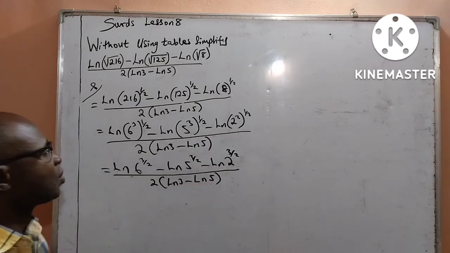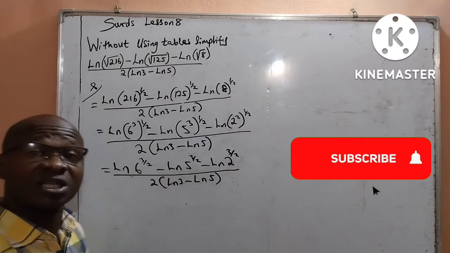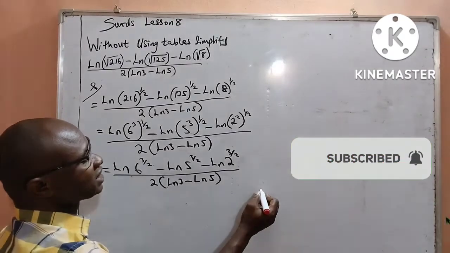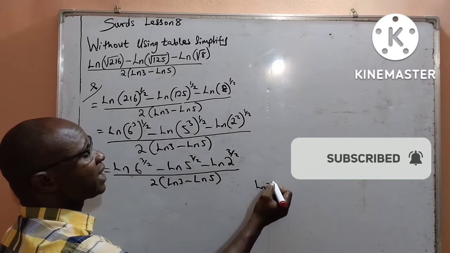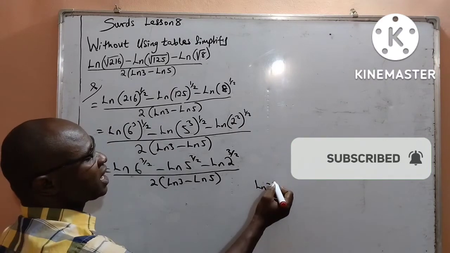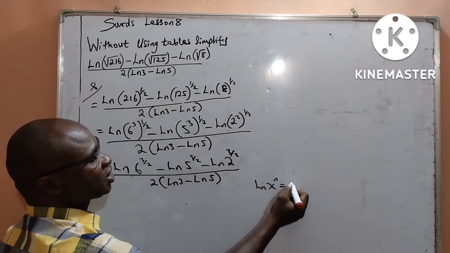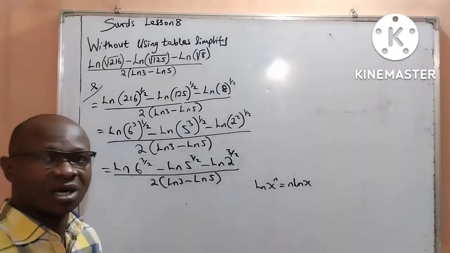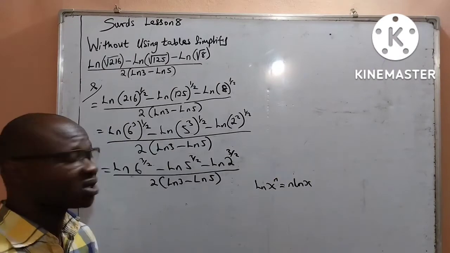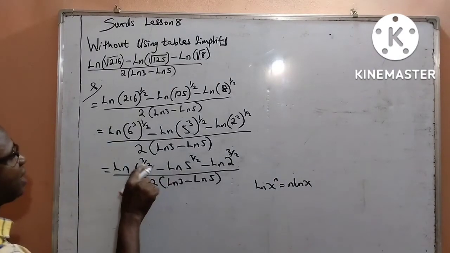Good. Now, watch with me. The power function law in logarithms says that ln of x raised to power n is equal to n ln x. That is the law we have in logarithms. I will apply it here.